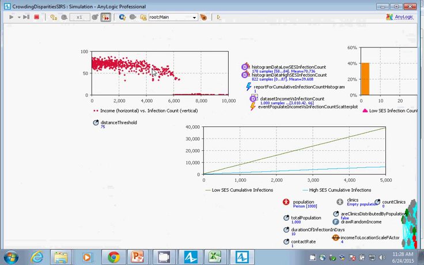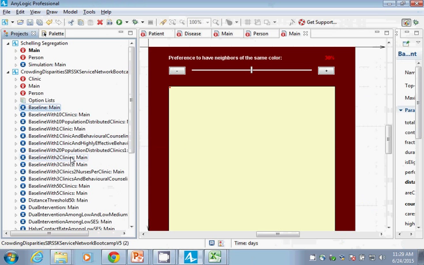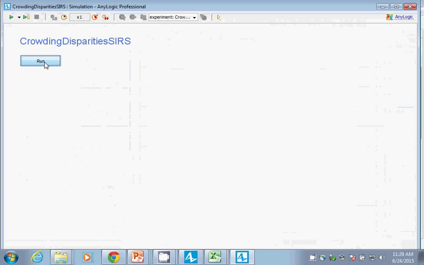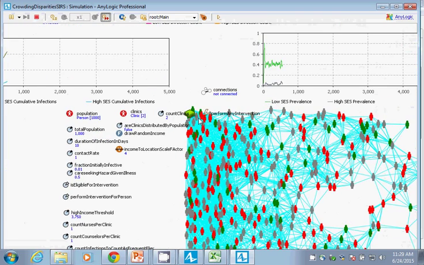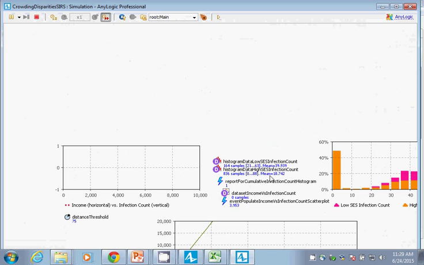Now, maybe I undertake an intervention, for example, with, say, two clinics in place. I'm going to run this and take a look. Now we have a clinic treating these folks, particularly over here, and there's another clinic further out.